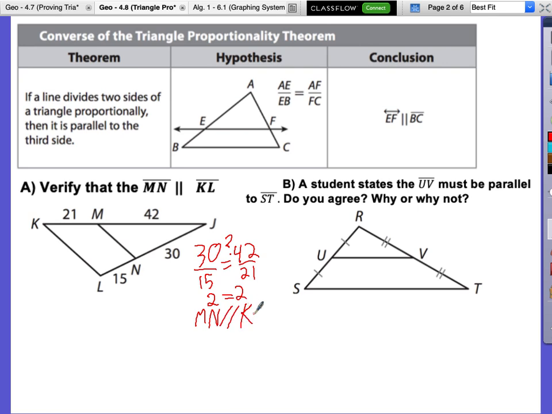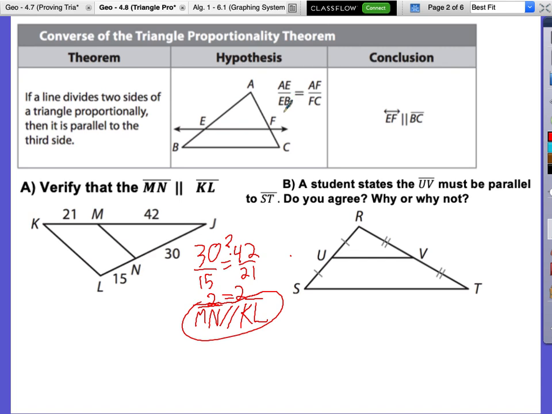Okay, so I'm going to talk through all of this that just happened. We said, hey, if these two lines are going to be parallel, then these two sides need to be cut proportionally.